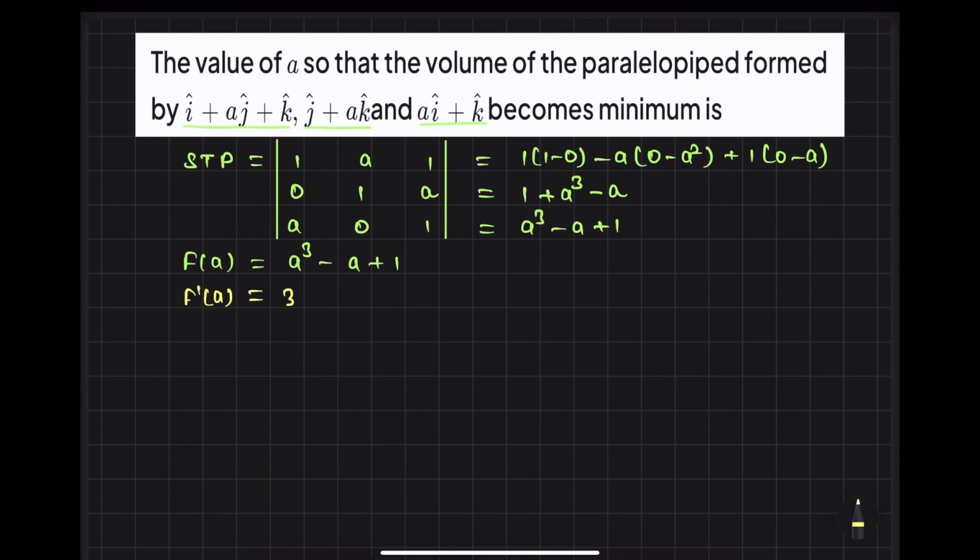So it is 3 times a square minus 1. Now if we do this, f dash a greater than or equal to 0, we will get the ranges in which the function is increasing. And if we get the ranges in which the function is increasing, that means in the remaining range the function is decreasing, and we want the minimum.